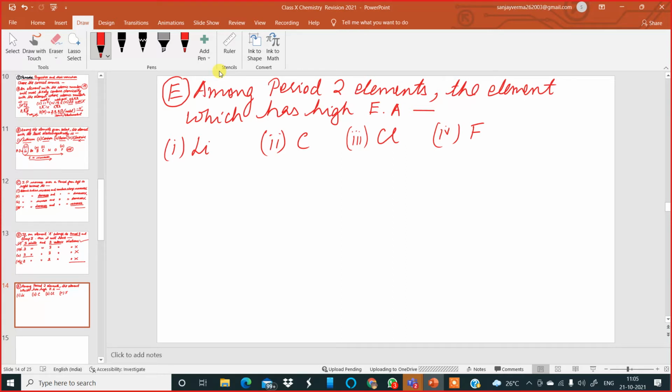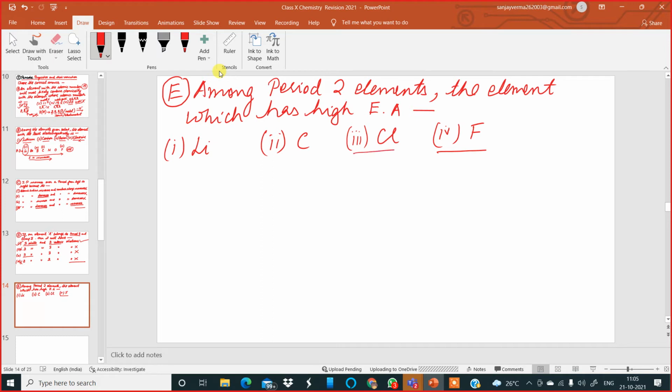Fluorine. Option 4. Are you sure? Yes, it says period 2.